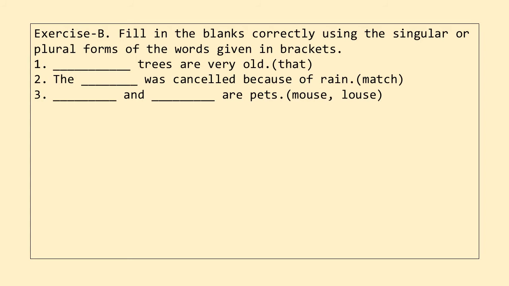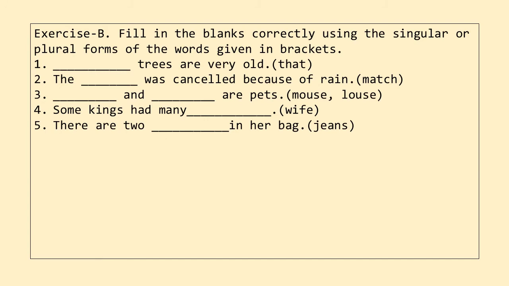Number 4. Some kings had many dash, wife, W-I-F-E. Number 5. There are 2 dash in her bag, jeans, J-E-A-N-S. Number 6. Dash are not afraid of ghosts.